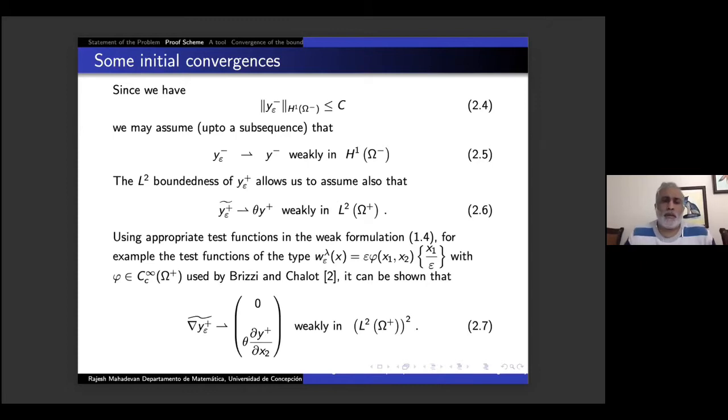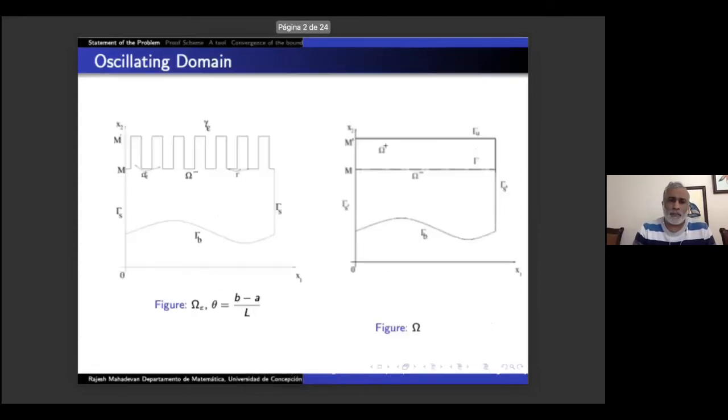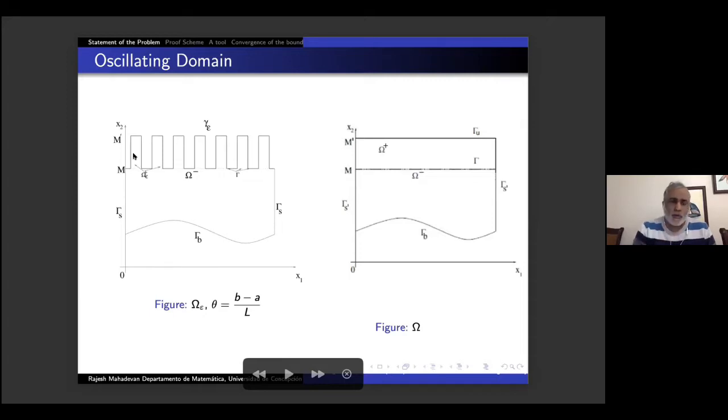But if you use suitable test functions like the ones shown in Murat's talk, basically for each tooth you take a test function here, in which you subtract from x1 a fixed, arbitrarily chosen point in each of these teeth.